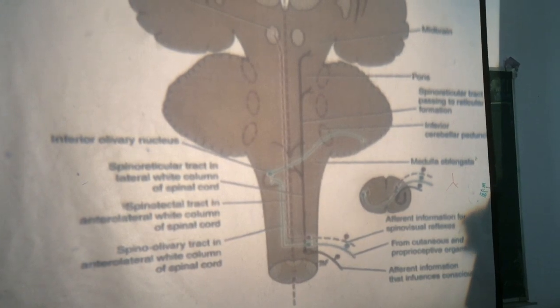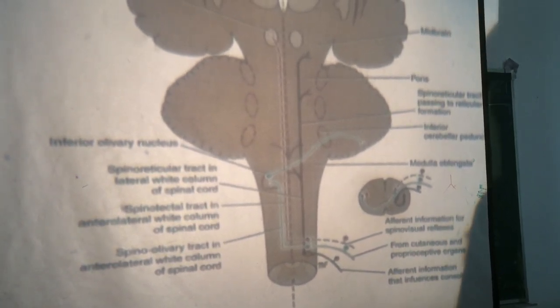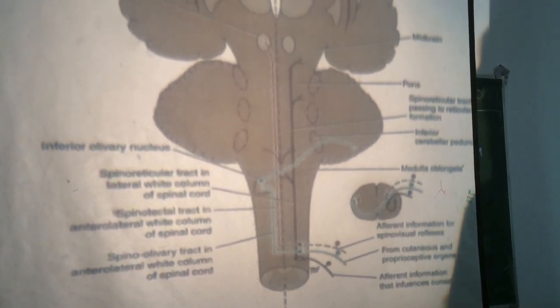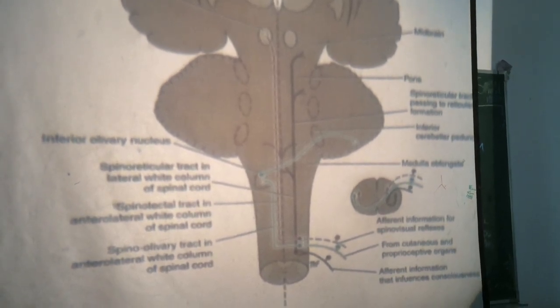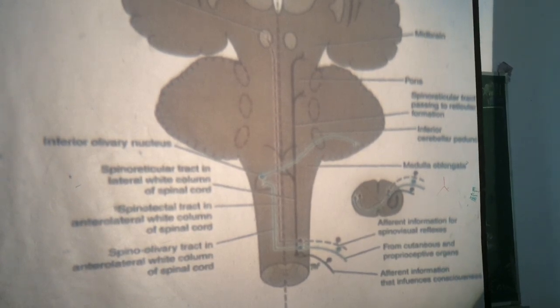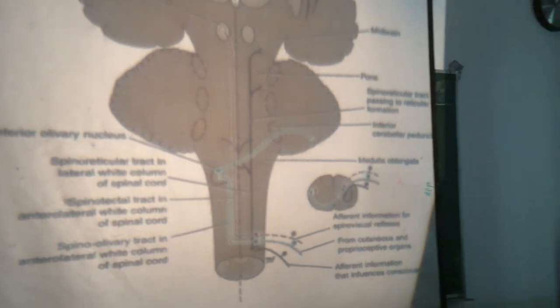Impulses from the stretch receptors and pain receptors in the viscera of the thorax and abdomen enter the spinal cord along the first order nerve fibers.